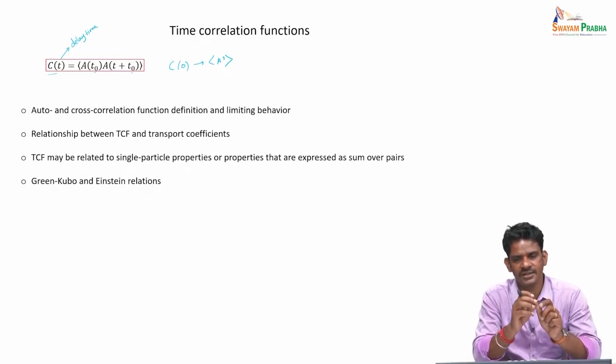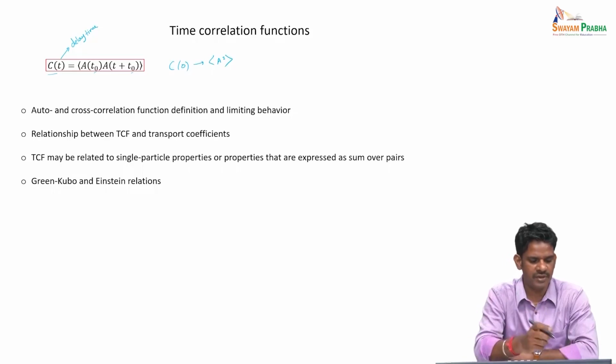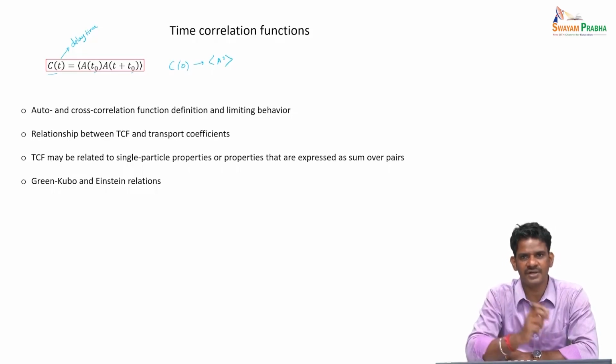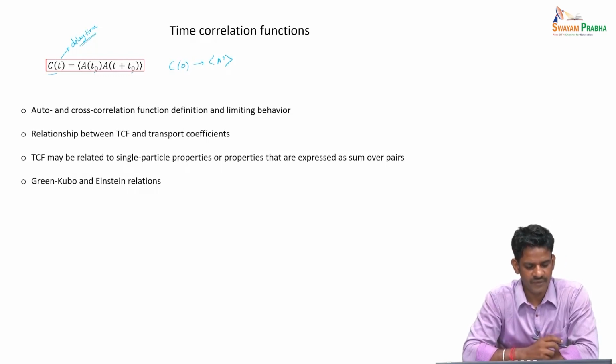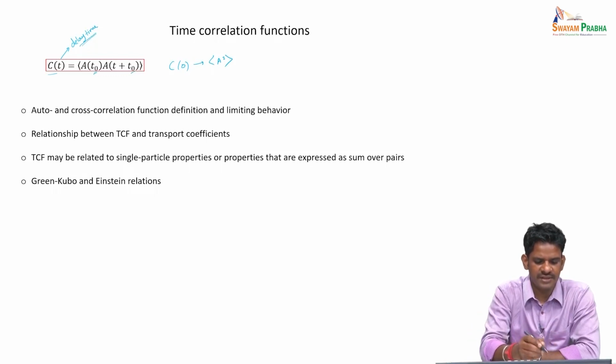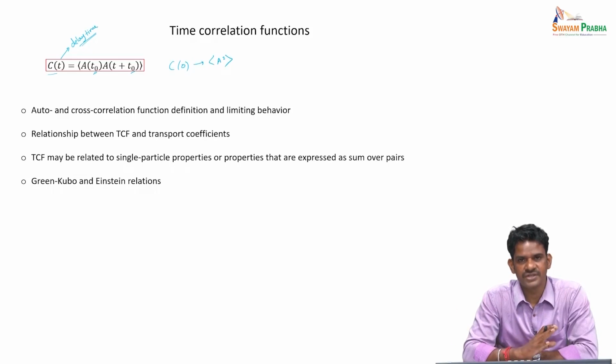Whereas, if you correlate the same variable at time t and another time t plus t naught, then we are talking about correlation after a particular time t. So this t here we will use as a delay time, and this t naught here basically means this comparison can be done over many initial conditions. We have already noted that this time correlation function has relevance to transport property definitions.